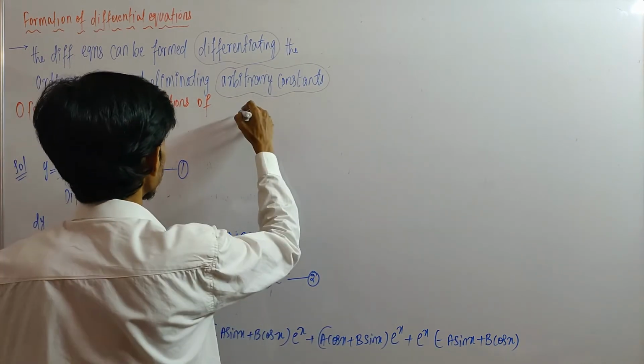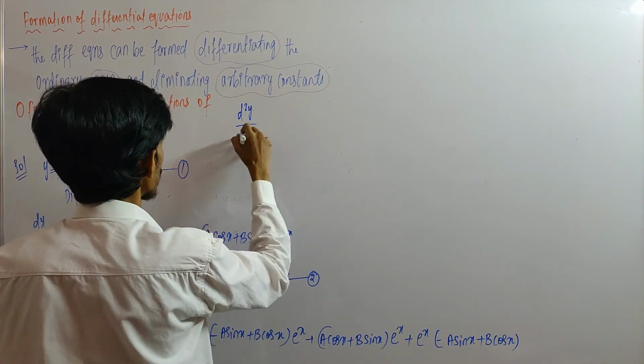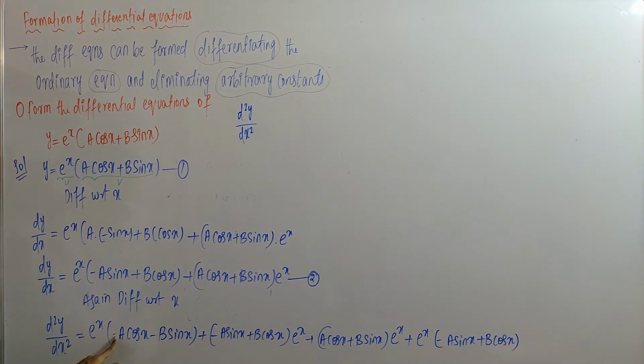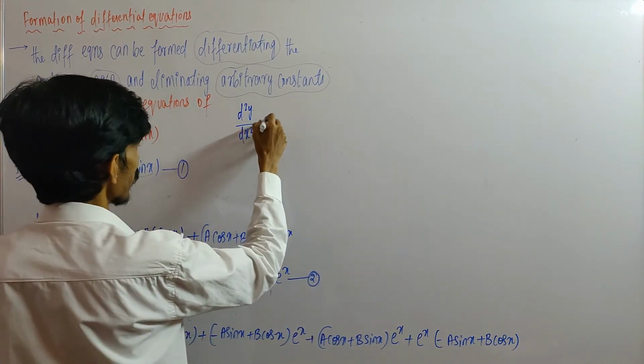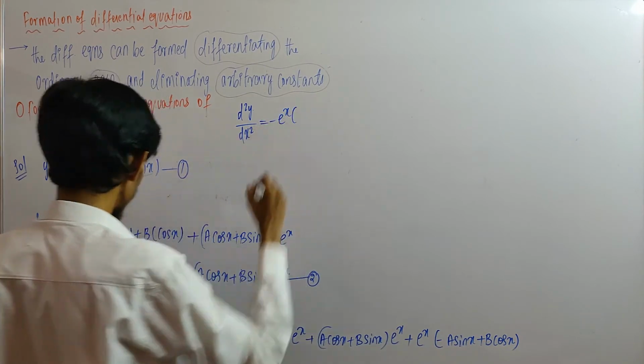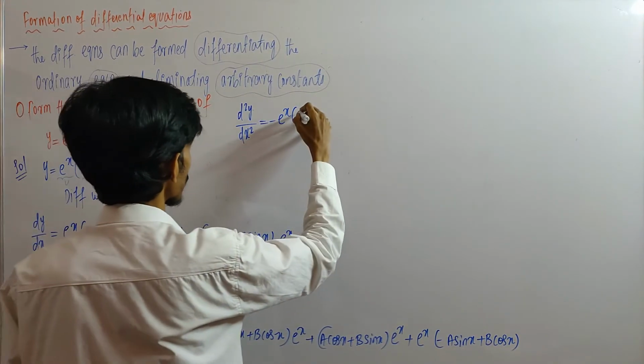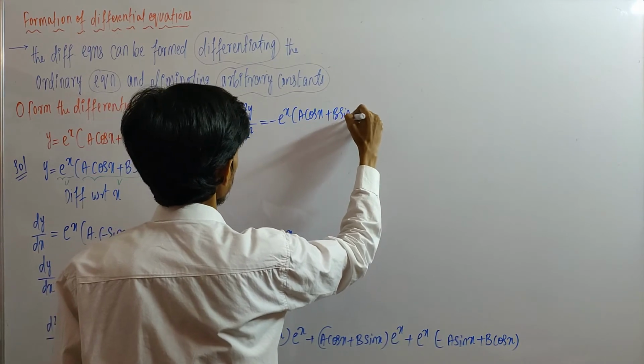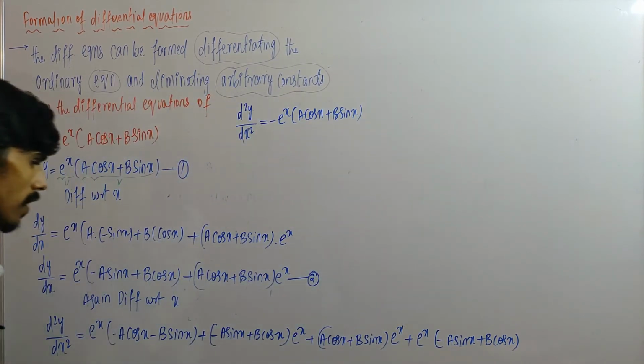Now here we have d square y by dx square. Take minus common. We have minus e power of x into (a cos x plus b sin x).